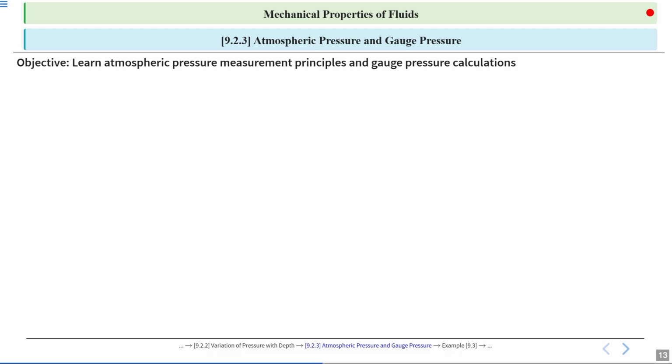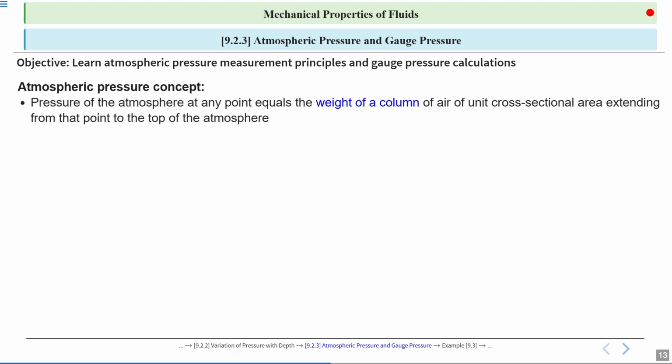Now we are going to explore atmospheric pressure measurement principles and gauge pressure calculations. So, the atmospheric concept. At any given point, the pressure of the atmosphere equals the weight of this column of air. This is why atmospheric pressure decreases as we go higher in altitude, where the column of air is shorter.